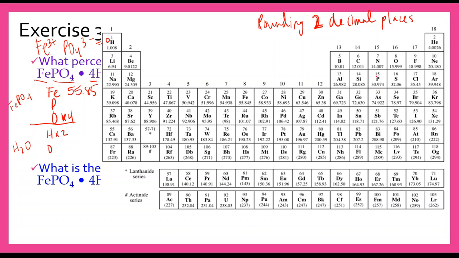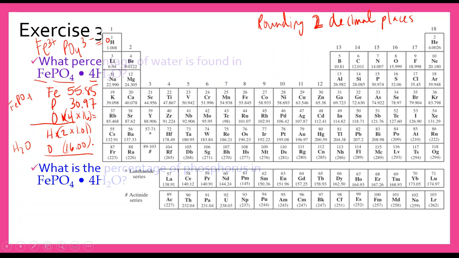Looking at the phosphorus, that's 30.97. And then oxygen always rounds to 16, so it's really 4 times the 16 here. Down here for the water part, here's hydrogen, 1.01, so it's going to be 2 times the 1.01. And then there's 1 oxygen, so that would be 16.